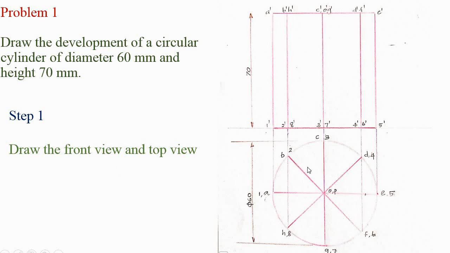As we already discussed, for any problems of solids, you have to draw the orthographic view. So you draw the top view of 60 mm diameter, front view of height 70 mm, rectangle 70 mm. Divide the circle into 8 pieces. Name the bottom surfaces as 1, 2, 3, etc., and the top surfaces as A, B, C, D, etc.